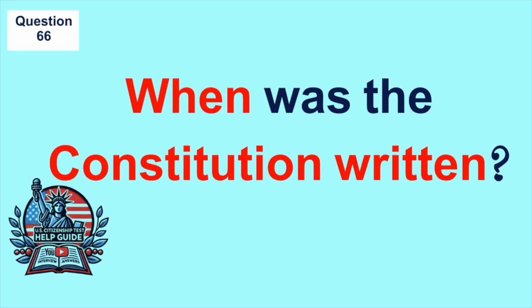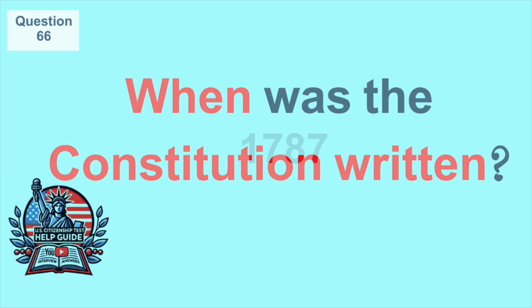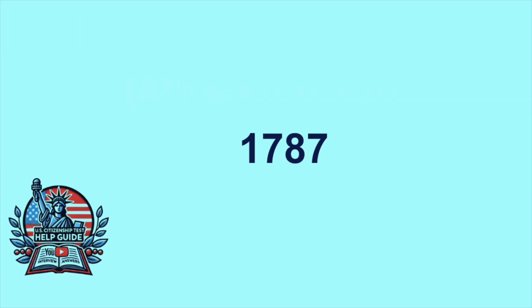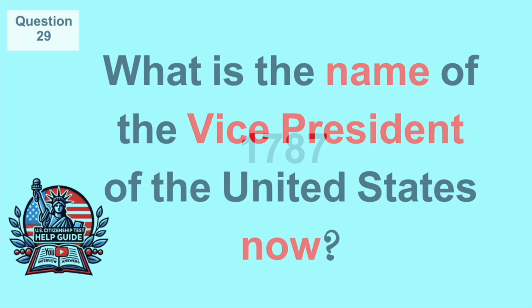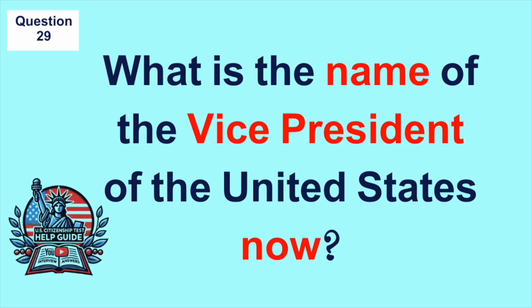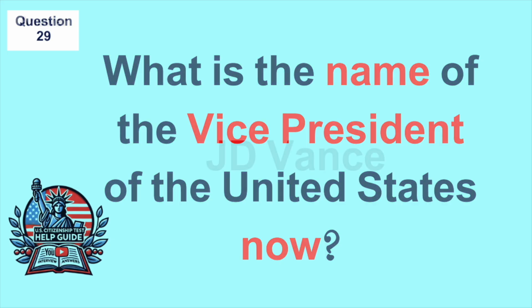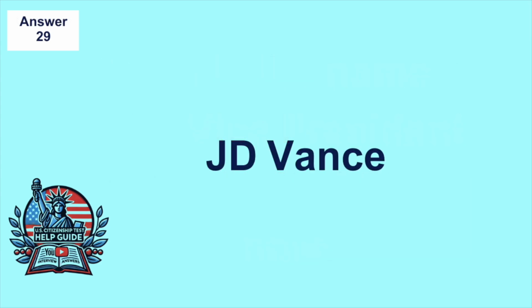When was the Constitution written? 1787. What is the name of the Vice President of the United States now? J.D. Vance.